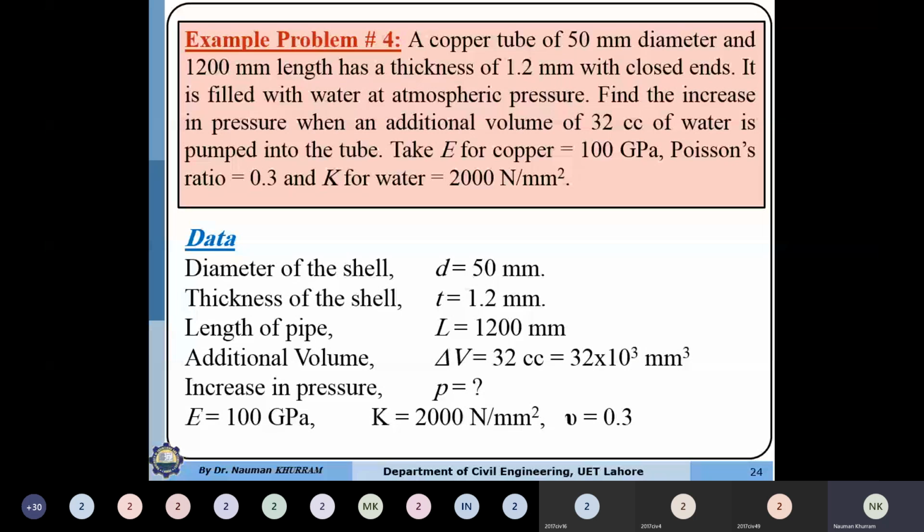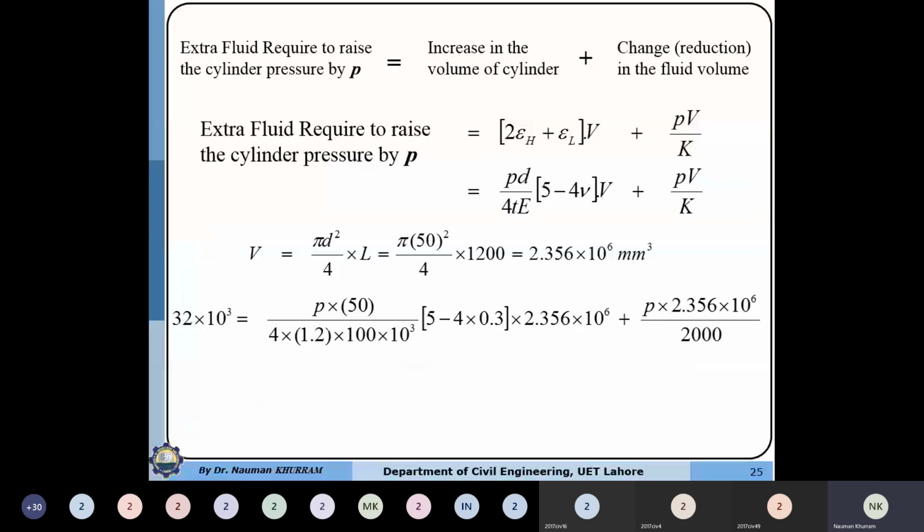Or in other words, if you inject some extra fluid, it will increase the pressure within the cylinder. All the parameters are given, so we just use this simple equation. The extra fluid being injected is equal to the increase in the volume of the cylinder plus the decrease in fluid volume. This expression is given.